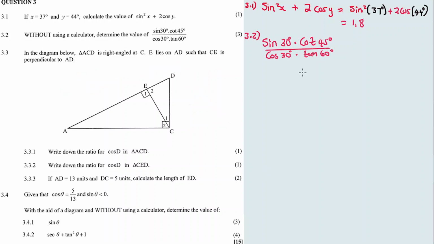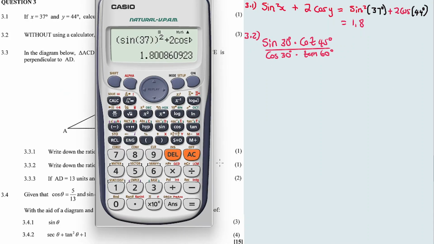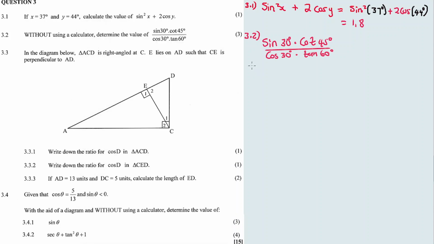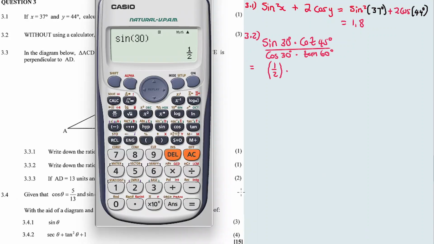Yes, okay ke uzala. Going back to the calculator yethu, then sithi siqala ngo sine 30. Sine 30 it's 1/2, so it's 1/2 lana. So our answer la is going to be equal to 1/2 in bracket times cot 45 degrees.